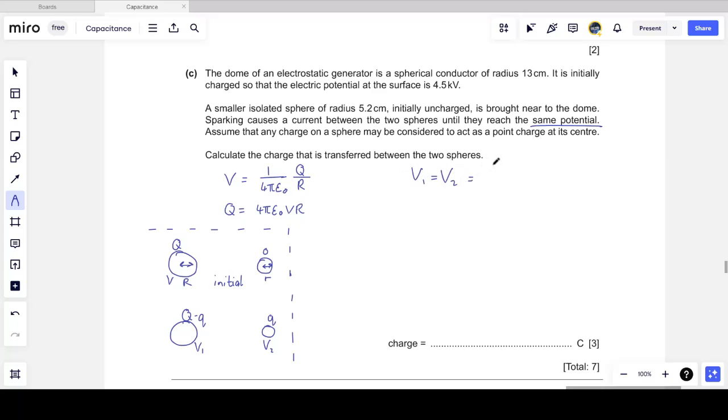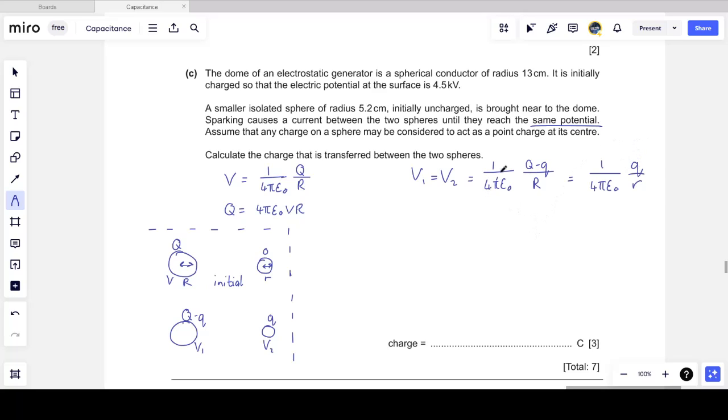And mathematically, what does this mean? That means 1 over 4 pi epsilon naught times big Q minus little q over the radius of the big sphere, big R, is equal to V2, 1 over 4 pi epsilon naught little q over r.